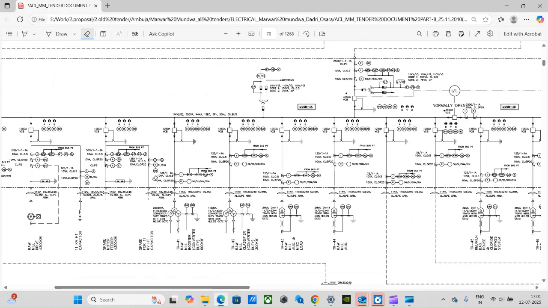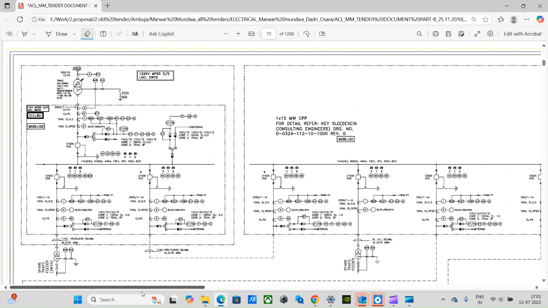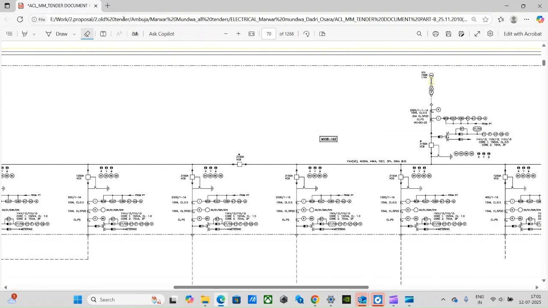So first, this 33 kV is distributed into 11 kV. From the 11 kV there are multiple 11 kV boards.